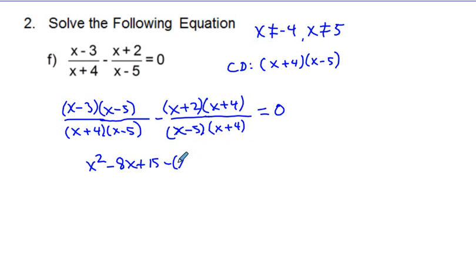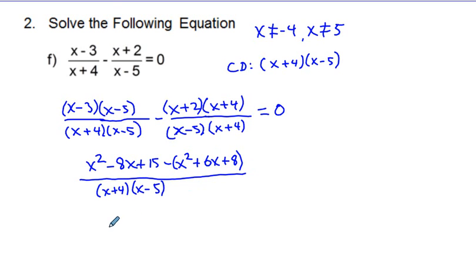We're going to have x squared, and then 2x plus 4x will be plus 6x, and then we're going to have plus 8. And then all this over our common denominator of quantity x plus 4 times quantity x minus 5.